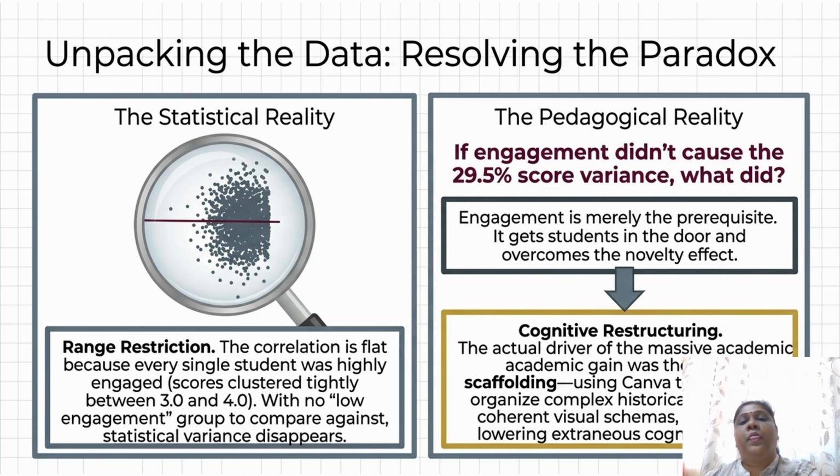The pedagogical reality: if engagement didn't cause the 29.5% score variance, what did? Engagement is merely a prerequisite. It gets the students in the door and carries the novelty effect. The cognitive restructuring is the actual driver of the massive academic gains using Canva and Baamboozle in a history topic.